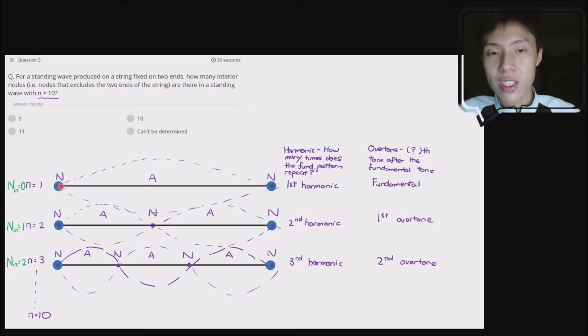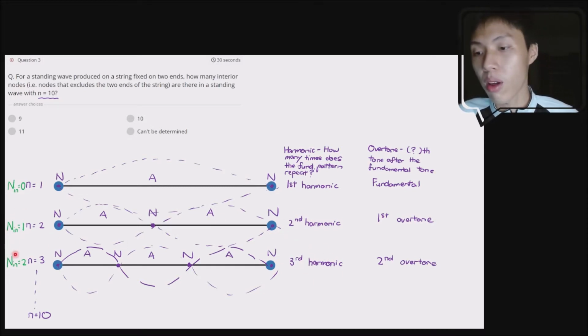If you are in the first harmonic, you have no interior nodes. Second harmonic, you have one interior node.